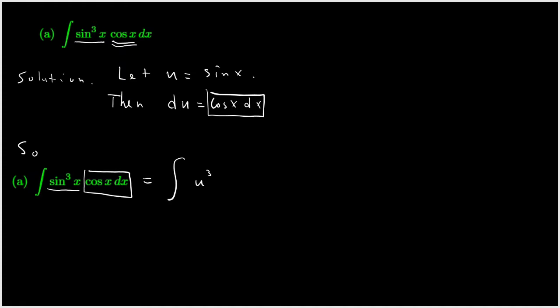I'm trying to say, in the next step, I'm going to write the whole thing in the box in terms of a number times du. So in this particular case, the whole thing in the box is cos of x and then times dx. Now I want you to treat the whole thing in the box as a number times the differential of some function. In this particular case, it's just du.